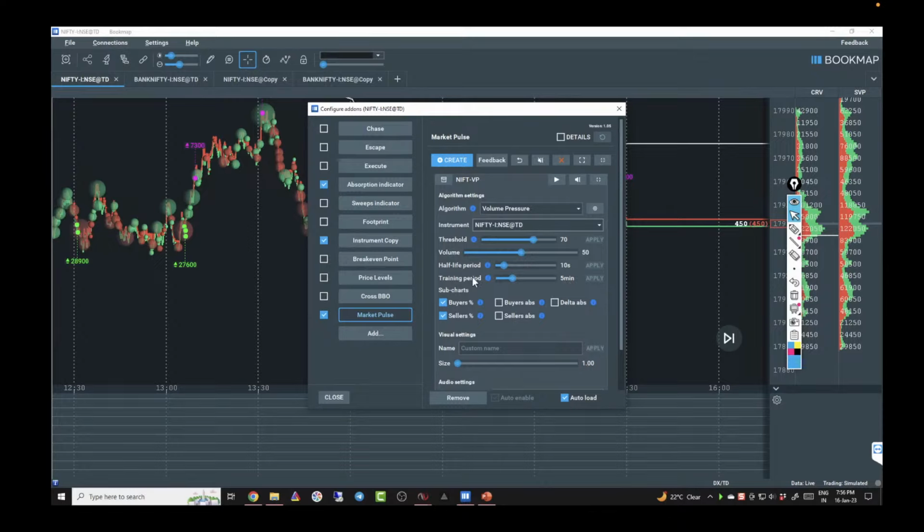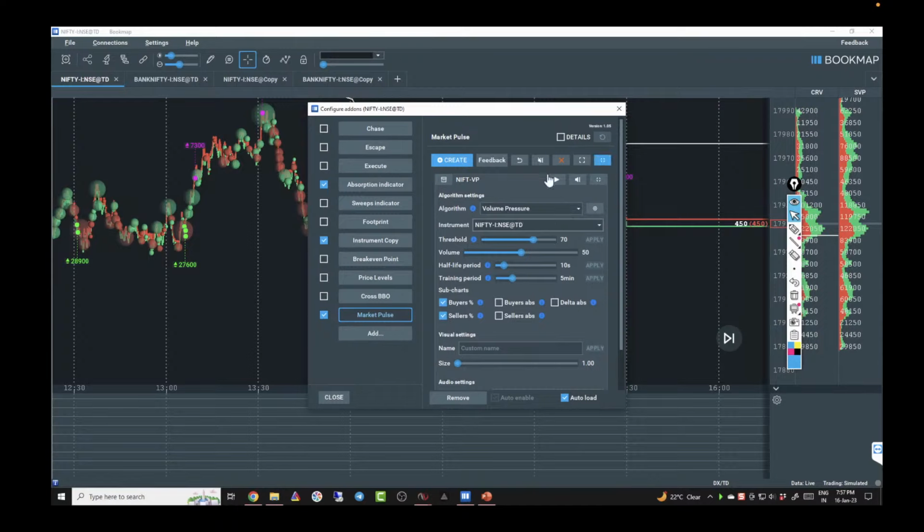In that, assume the average volume is 5 or 10, and at any given point of time there are 7 orders placed. In that case, the volume has met the threshold of the average volume, and it will show for both buyers and sellers.